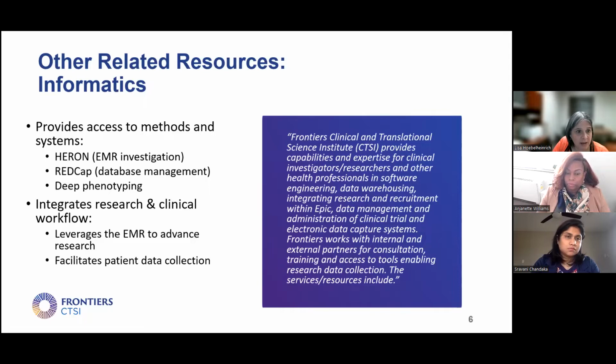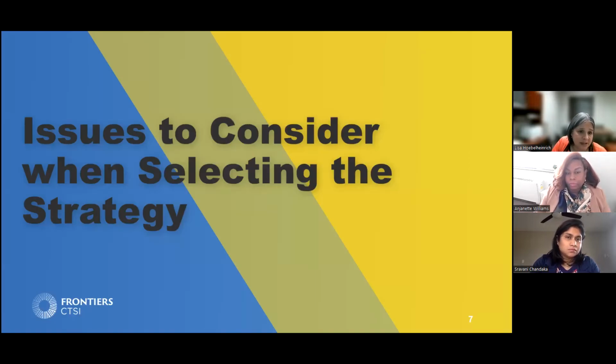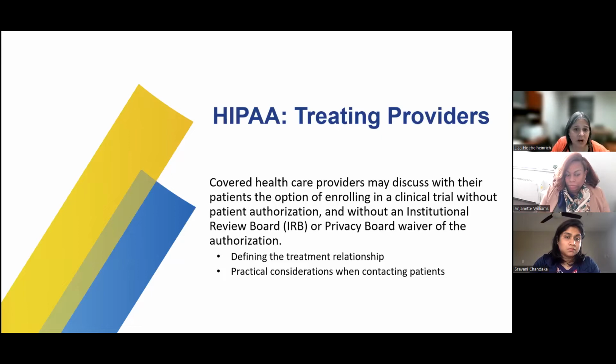So with that, I will jump in and start sharing some additional information about issues to consider when selecting a research strategy. I wanted to start off by touching on something that, with our experience with HIPAA, may be obvious, but I wanted to point out some nuance there.